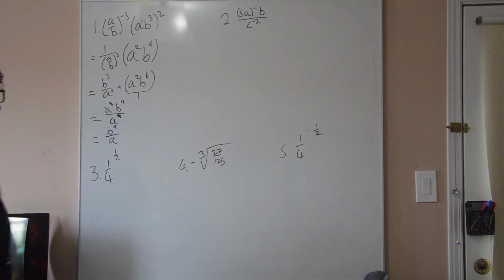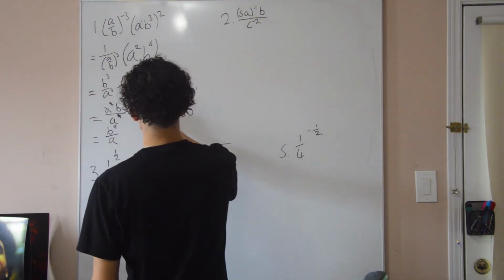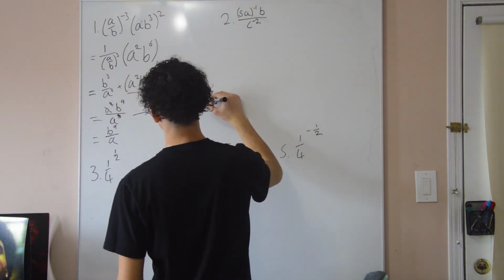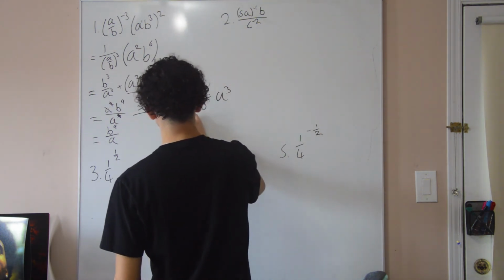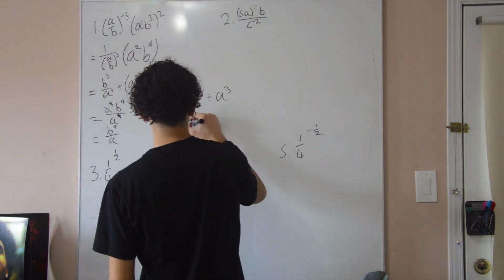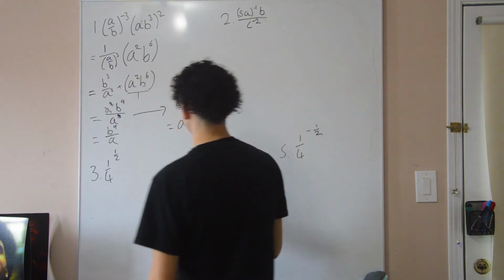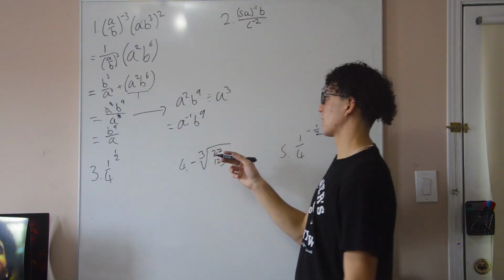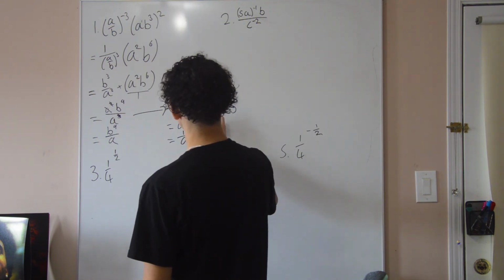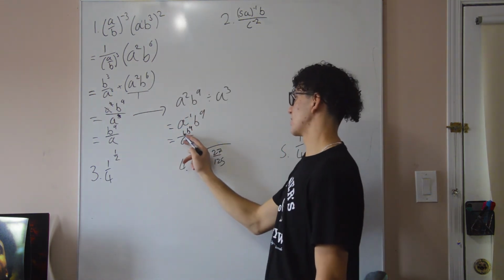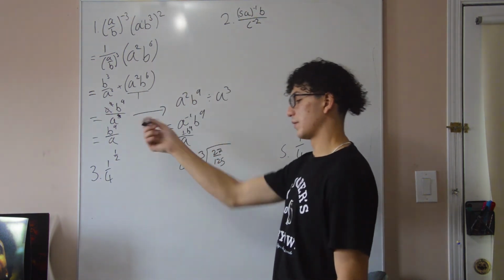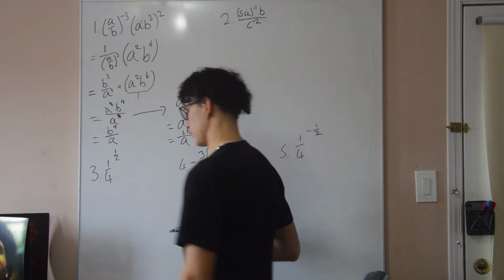And basically what I did there was I said, okay, this is a squared b9 divided by a to the 3, right? 2 minus 3 is negative 1, so it's a negative 1 b9. And a to the negative 1 is 1 over a times b9. And this 1 is invisible really, so it's b to the power of 9 over a. And I just skipped that step, but I showed it to you.